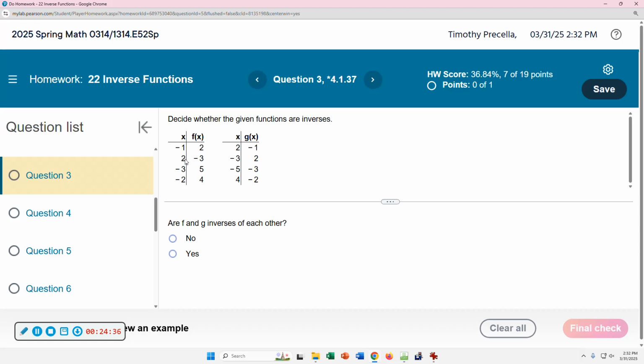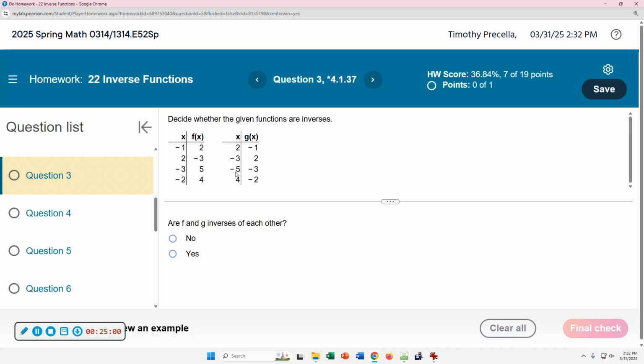Yes. What about 2, -3? What did it become? -3, 2, yeah. What about the third one? Negative 3, 5. What should it be in the new function if it's an inverse? It should be 5, negative 3. What have we got there?